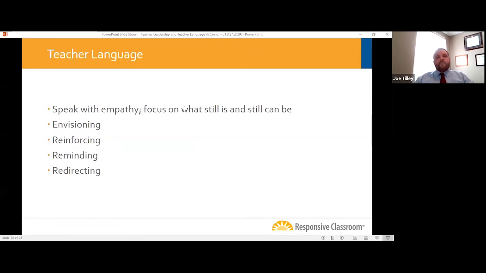So the next piece to this big puzzle is the idea around teacher language. Before I go into this, if you will permit me, I'd like to share a quick anecdotal story. When I started my responsive classroom journey, I had a fantastic mentor who shared with me that the responsive classroom journey is a lot like going home one afternoon, sitting down, and realizing you don't like your couch.